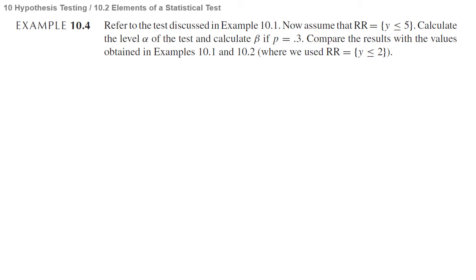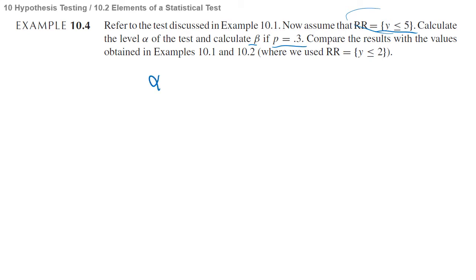Okay, now let's move on to example 10.4. Refer to the test discussed in example 10.1. Now assume that we have a larger rejection region. Calculate the level alpha of the test and calculate beta if p is 0.3. So if we have a larger rejection region, probably we will have a larger type 1 error rate alpha.